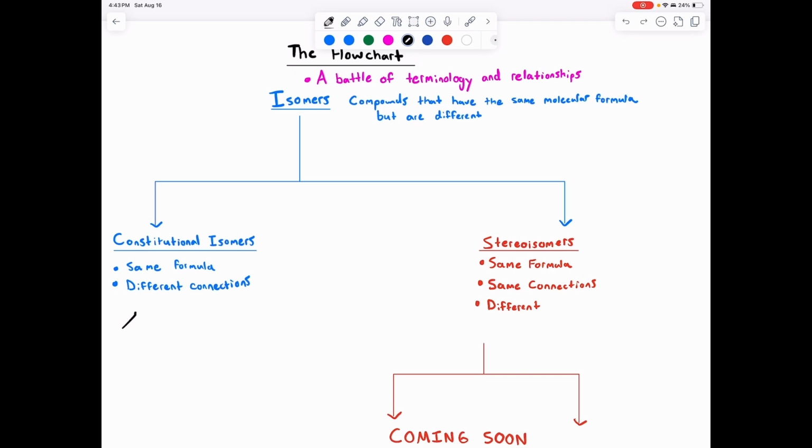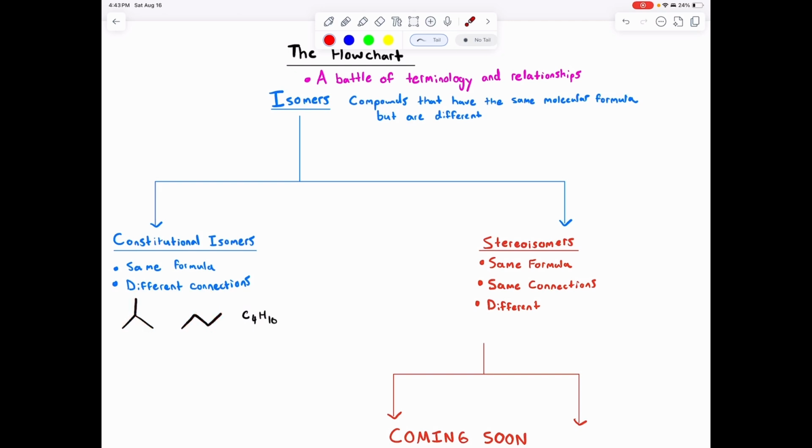So take my word for it at this moment in time. You could check me on this if you wanted to, but both of these compounds here have the formula C4H10. So what you'd notice here is since these have the exact same formula, but are connected differently, they would be constitutional isomers.